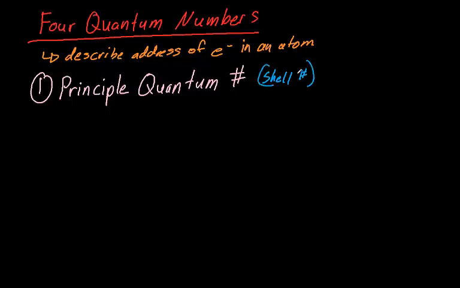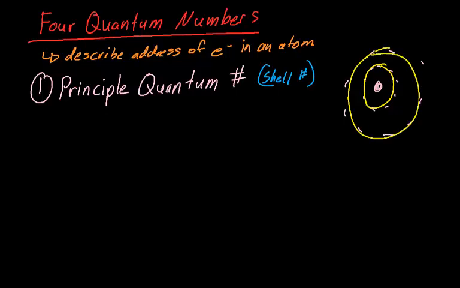And so the shell number is the orbital that we were talking about earlier in our picture of the atom, where we have the nucleus and then these different orbitals. The principal quantum number is that orbital. So 1 would be the first one, 2 would be the second one.